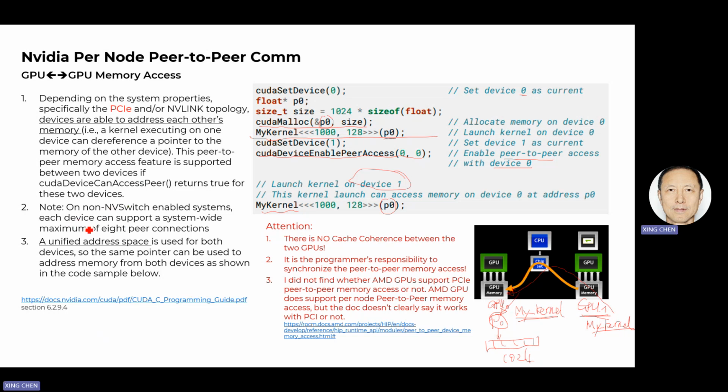Now, there are some conditions for this. First is that to have the GPUs connected to the same server do peer-to-peer memory access, these GPUs have to share a universal virtual address.